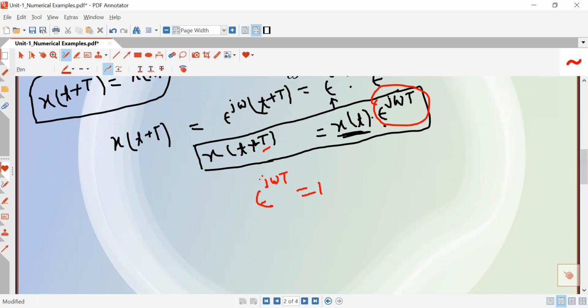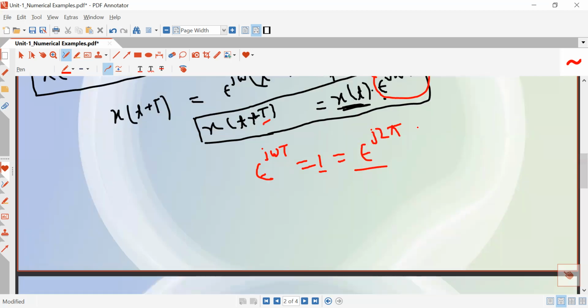Now you have to determine the condition. So the condition is e to the power j omega T equal to 1, or 1 can be written as e to the power j into 2 pi. e to the power j 2 pi will also be equal to 1. So in place of 1 you can write this, and now you can equate these two powers. Omega T will be equal to 2 pi when you equate the powers, and T will be equal to 2 pi by omega.